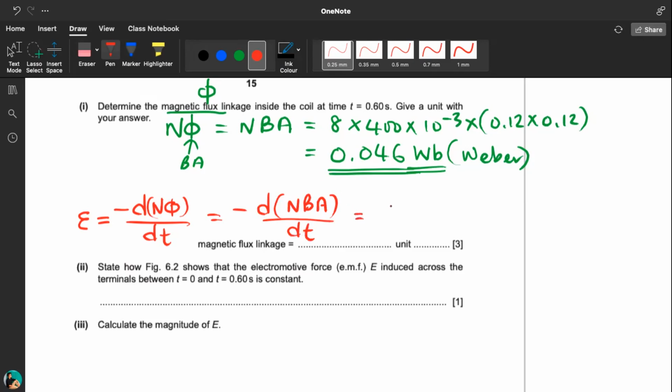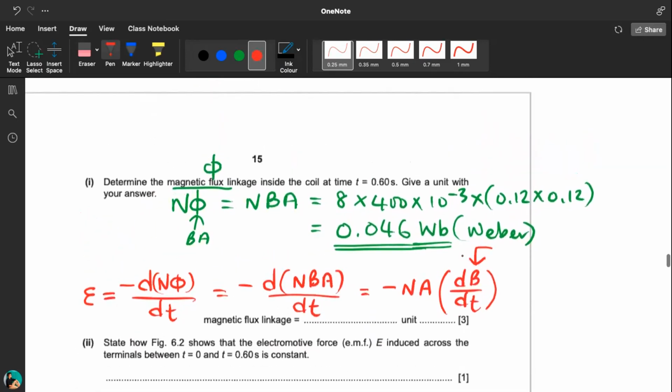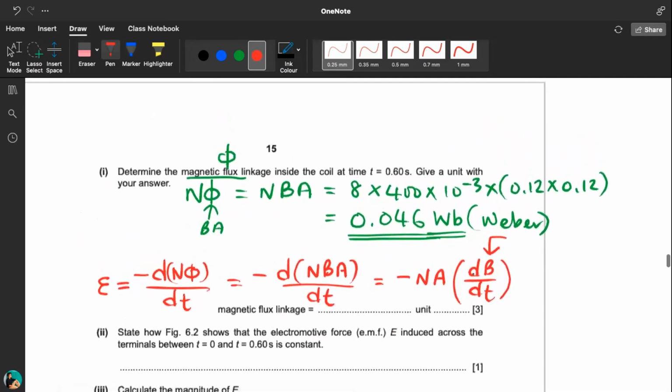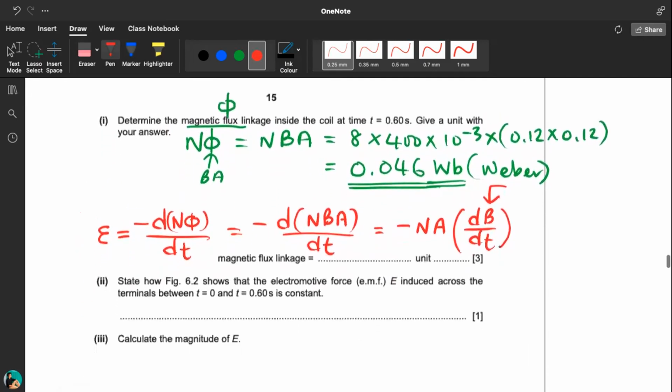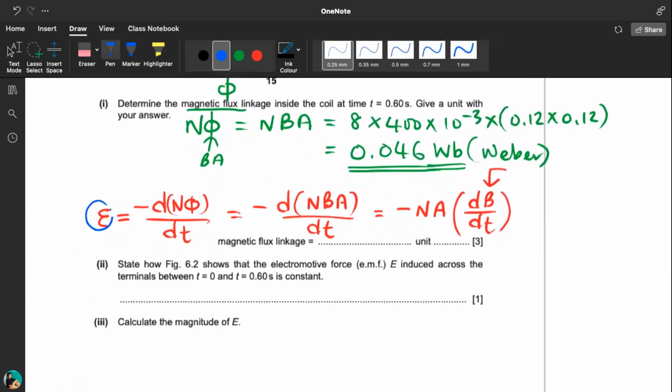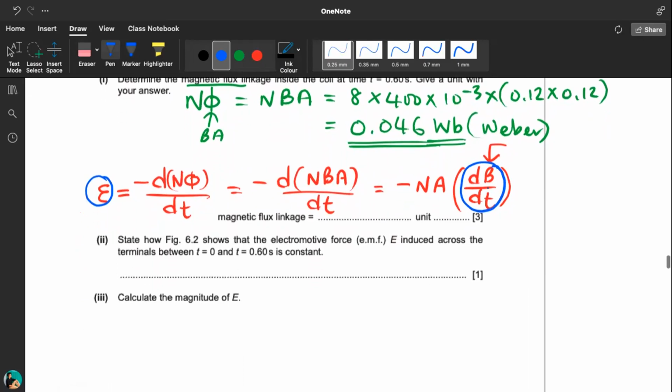And I can also write it as minus NA times dB over dt, which is our graph, dB over dt. So EMF is proportional to the gradient. Because the number of turns is 8, we don't change that. Area is also constant. So this will be a constant.